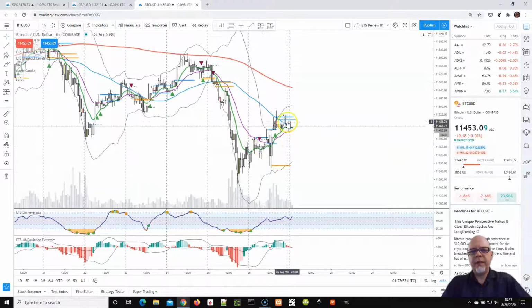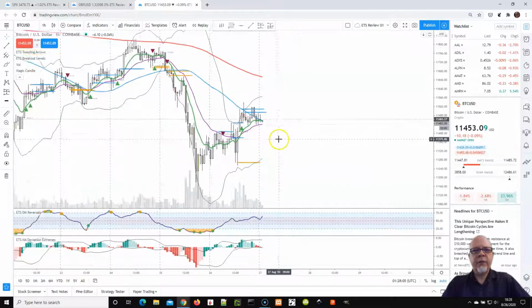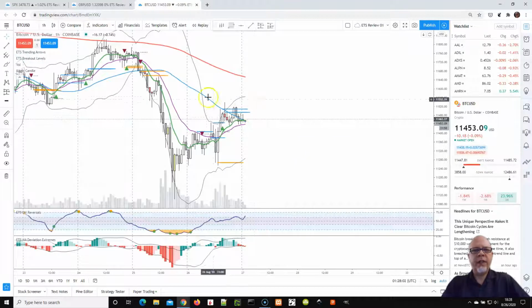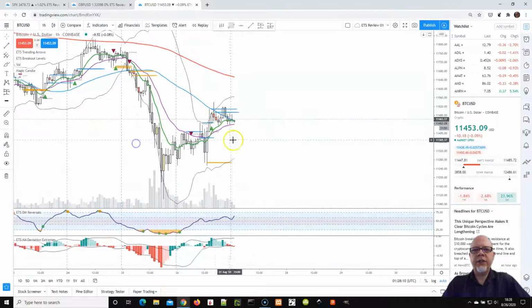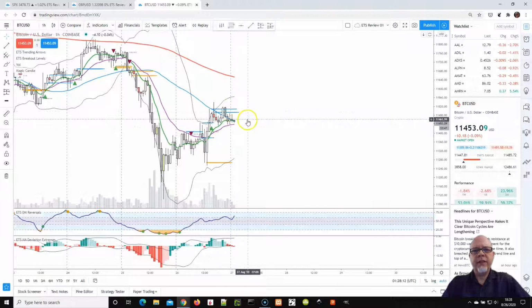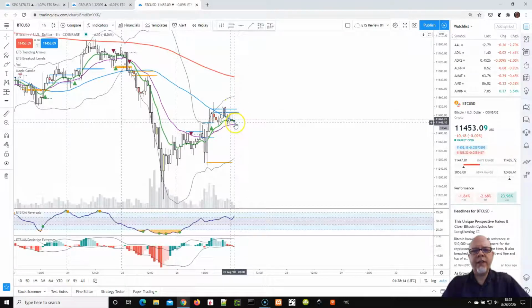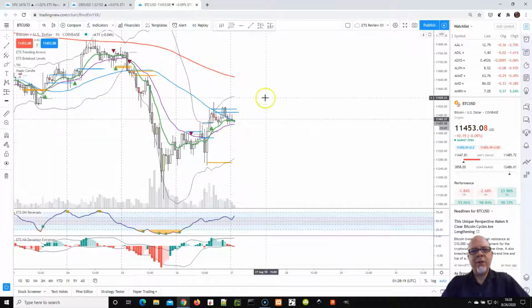And at the moment, we are right here at an interesting point where we have the 50 moving average. It's basically toying with the idea of either just crashing further down or actually moving up.